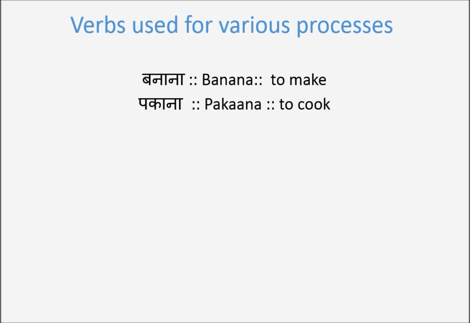The other word for banana, specifically to cook, is pakana. Khana pakana. Okay? Banana is to make. Pakana is to cook. Then, to grind the spices, or to grind anything, is kootna.